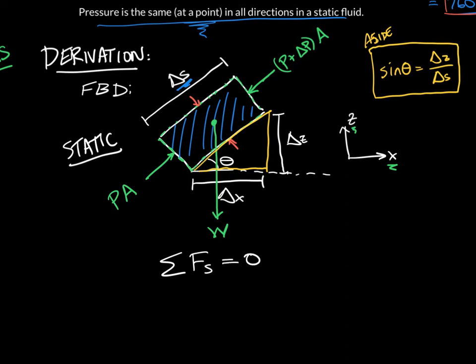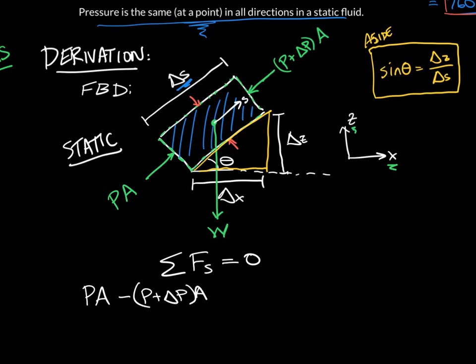It's always nice when you learned statics so well that you can use that whenever you want. So in the positive s direction, going this way, we've got p times A. In the negative s direction, we've got minus (p plus delta p) times A.